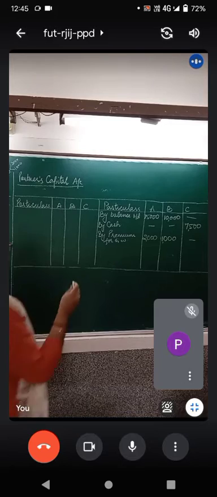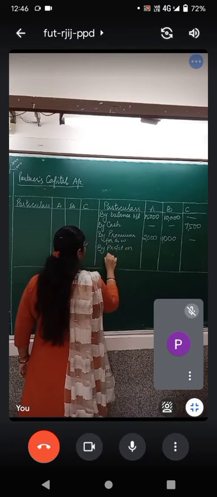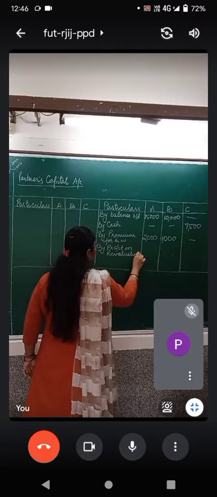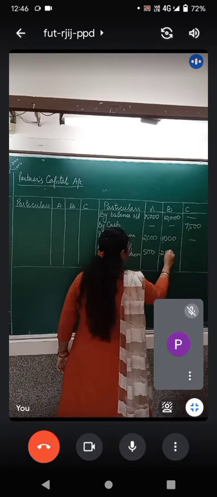And the last thing that we are going to post here is by profit on revaluation. How much was the profit on revaluation? 500 and 250. C was not there, he will not get anything.